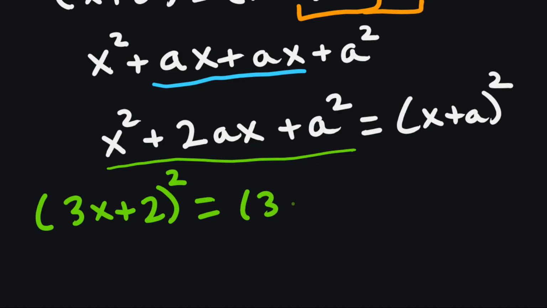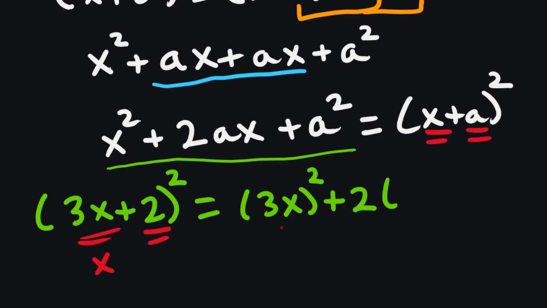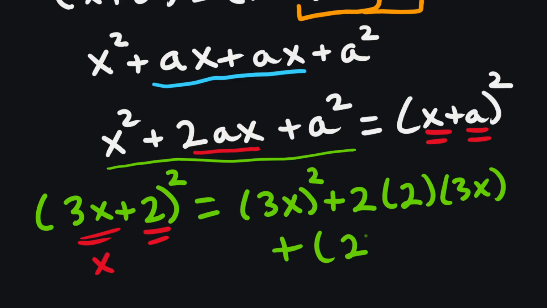So let's substitute the x for (3x) squared, plus 2ax. 2 times, and again, this is the x in this formula, so that would translate to this, and this positive 2 is the a. So 2ax: 2 times a, where a in this case is 2, times x, where x in this case is 3x, plus a squared, which is 2 squared.